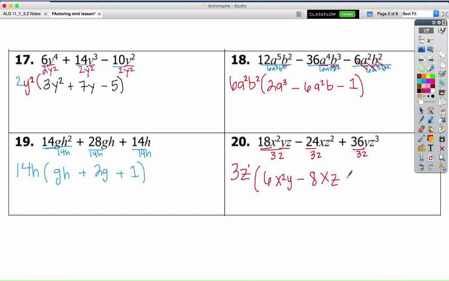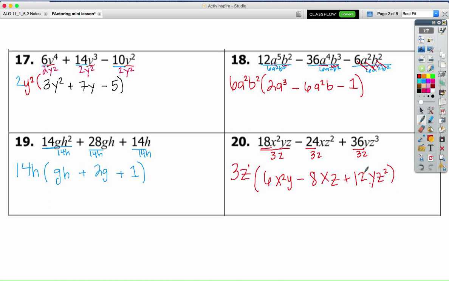Sorry, I went a little too fast there. That should be 12yz squared.